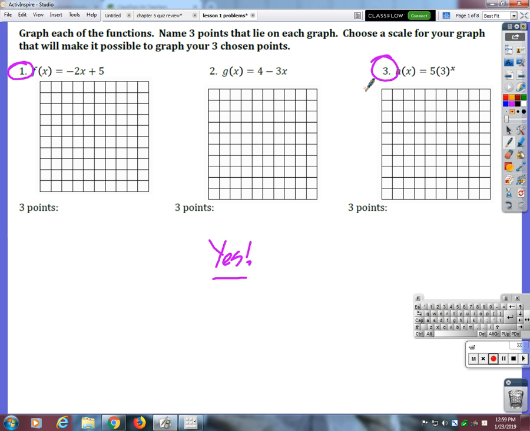It says choose a scale for your graph that'll make it possible. The key here is that this is going to cross the y-axis at 5, right? So I'm going to draw my scale so I know for sure I can get y equals 5 on there. That is the starting point. 1, 2, 3, 4, 5. That's the y-intercept.